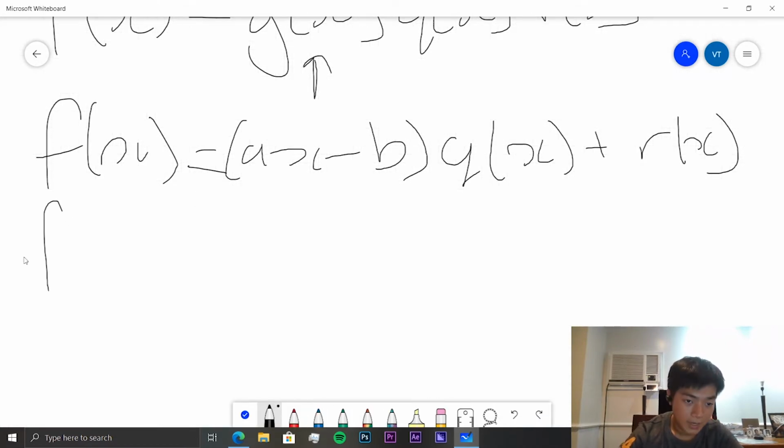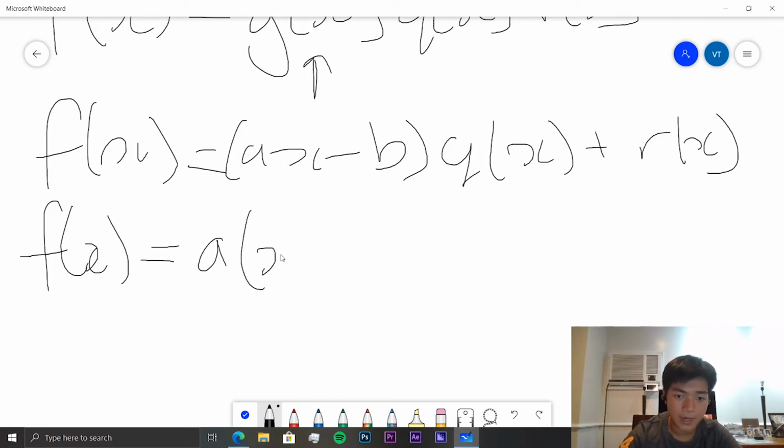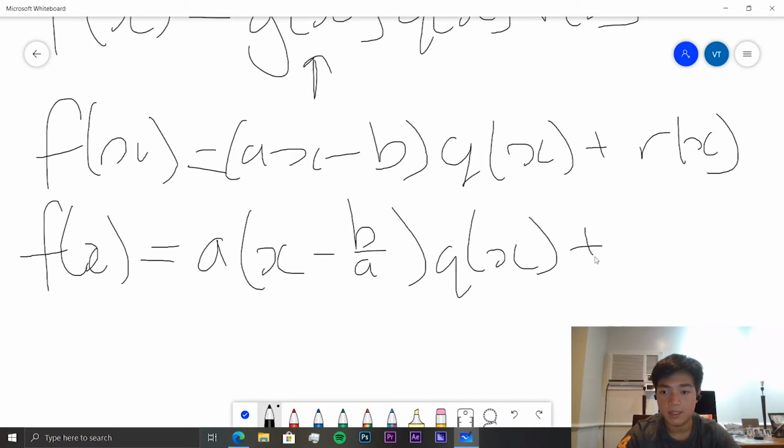So we have f of x. Well, let's take this a out of the brackets. So we'll set it to a times x minus b over a, times q of x, plus r of x.